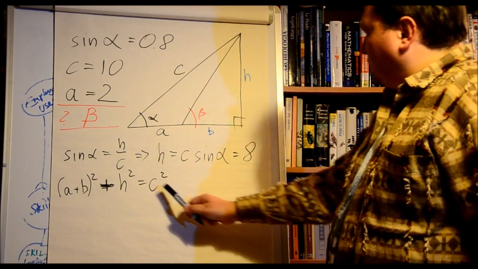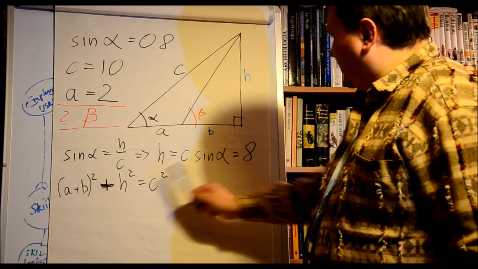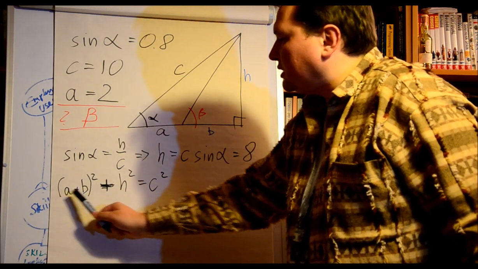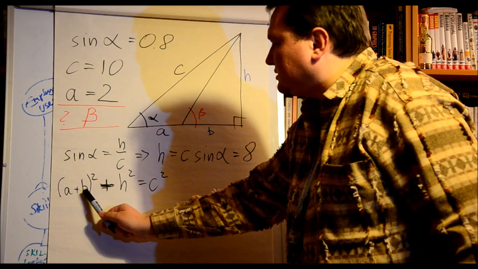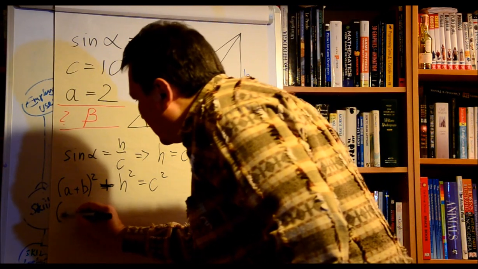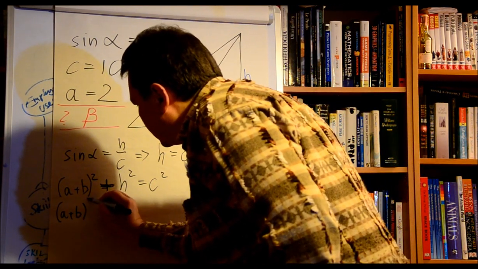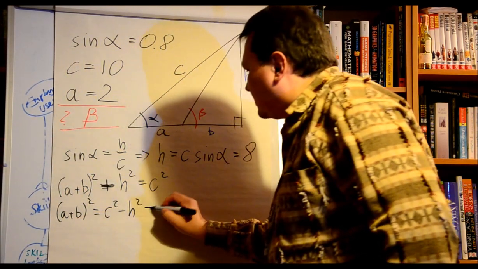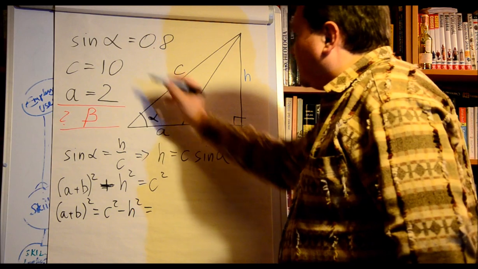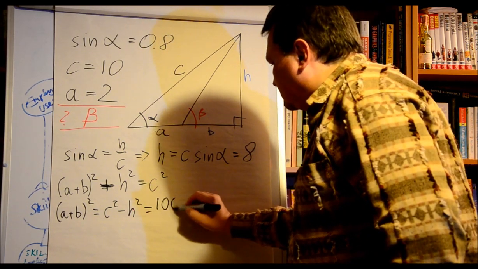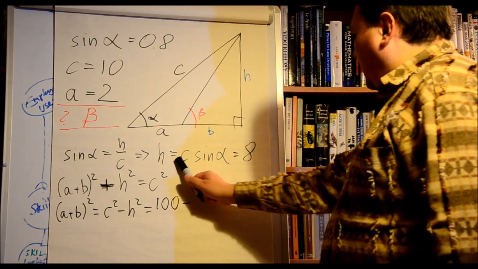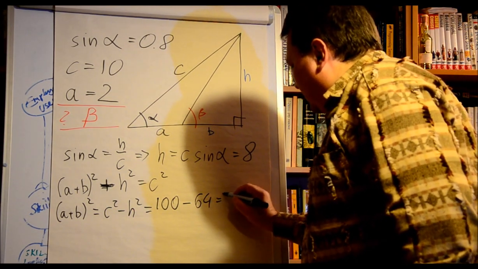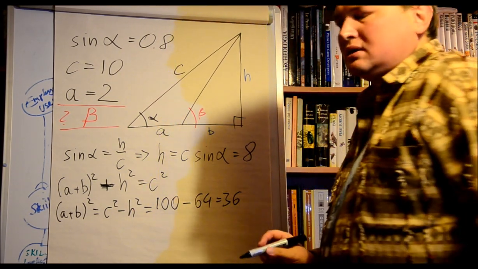In this equation we know c, we know h because we have calculated this, and we also know a, so we should be able to easily calculate b. a plus b square equals c square minus h square. c square is 10 square, it's 100, minus h square, it's minus 64, this is 36.